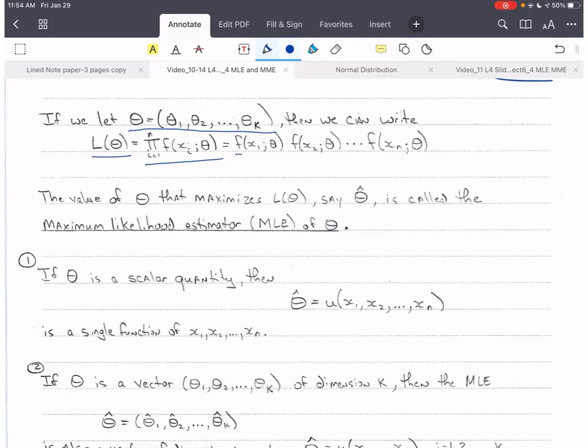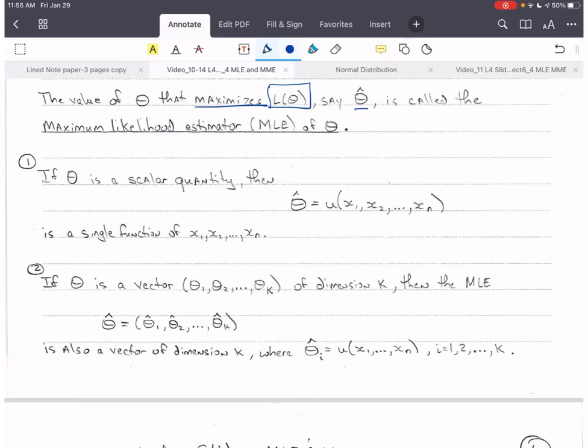So that's going to give me f of x1 theta, f of x2 and theta, up to f of xn and theta, okay? And the value of theta that maximizes this is theta hat, and is called the MLE, or maximum likelihood estimator, okay?